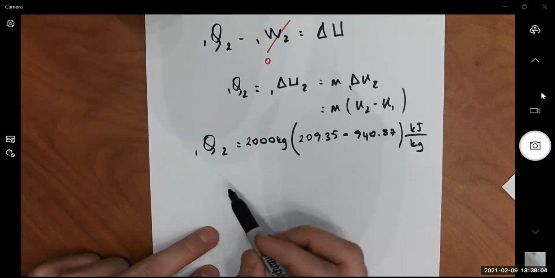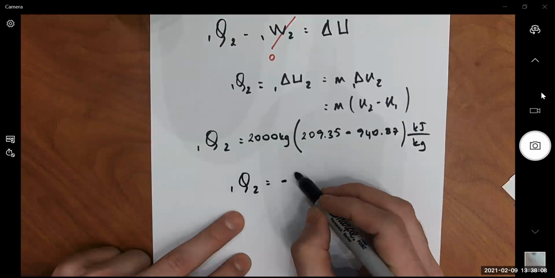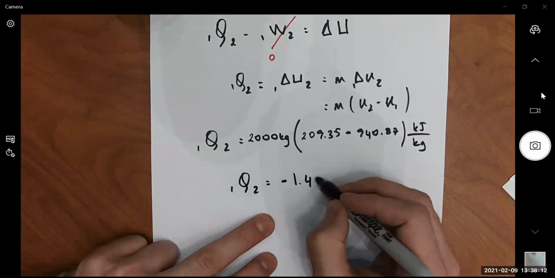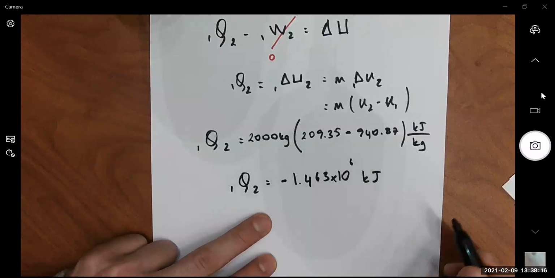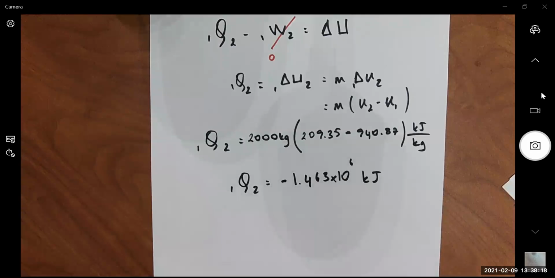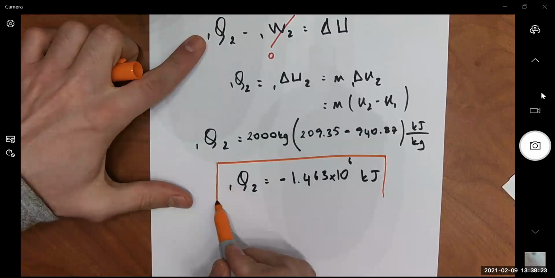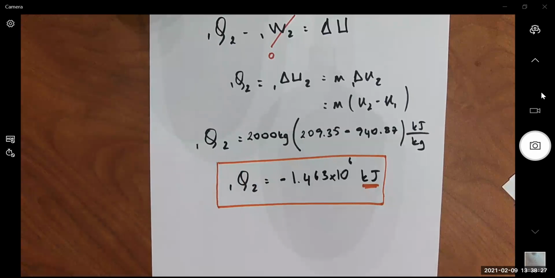Kilograms cancel out, and Q will be minus 1.43 times 10 to the 6 kilojoules. We're also finding kilojoules, so we did it right.